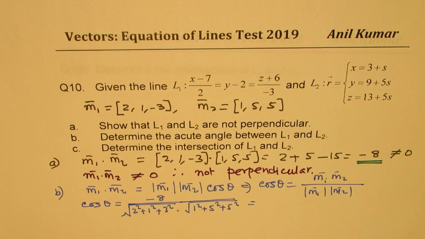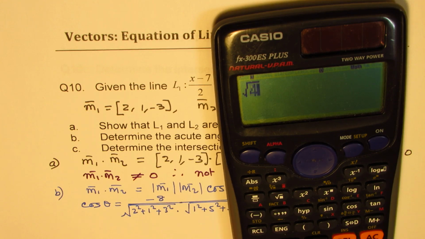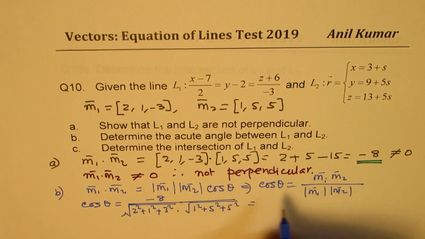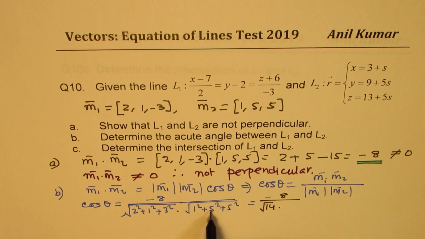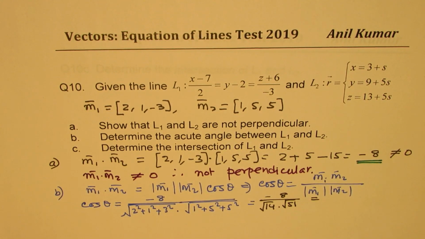So that is what it is. So let's calculate their magnitudes. We have square root of 4 plus 1 plus 9, which is square root of 14. So we have minus 8 over square root of 14 times 51. So let's calculate this.